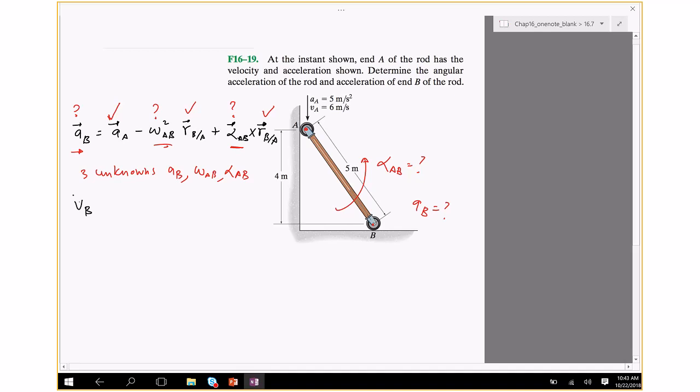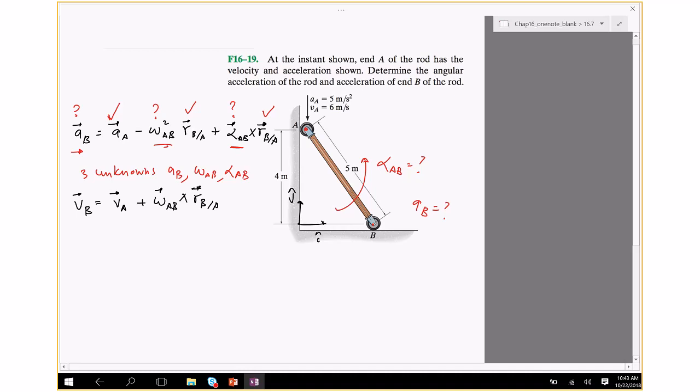Velocity of B is velocity of A plus omega AB crossed with R of B with respect to A. So let's draw a coordinate frame like so, i, j.